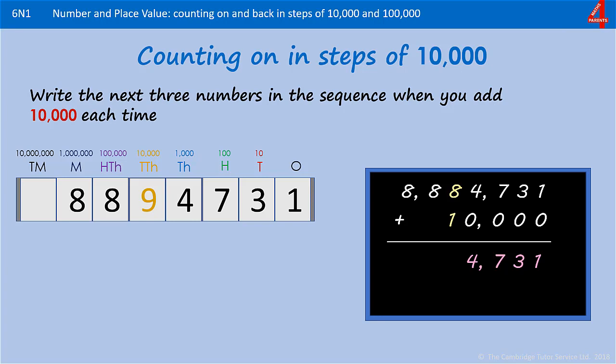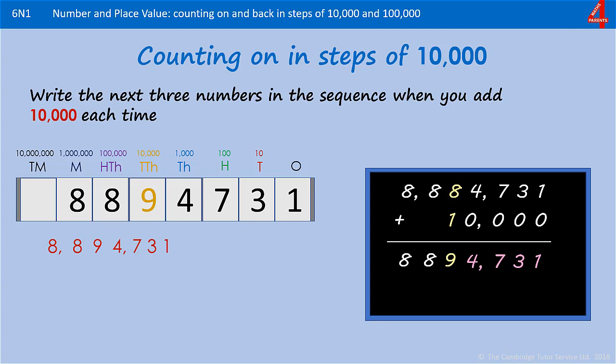The 80,000, however, has another 10,000 added to it, so that will become 90,000. So we put the 9 in that place value column. Because we haven't gone over the next boundary to the 100,000s, the 8,800,000 will stay the same. So there's our first number in the sequence.